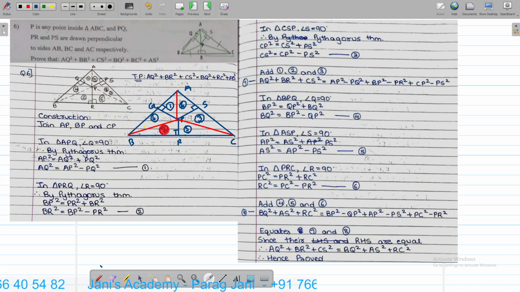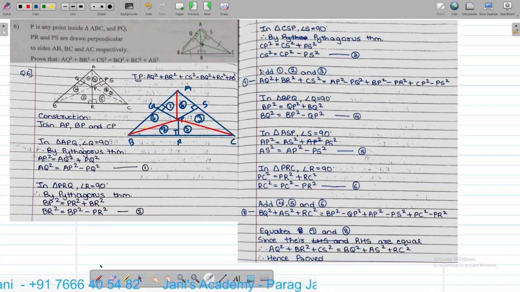Then in the second triangle PBR, BP is your hypotenuse, so BP square is PR square plus BR square. I need AQ square on the left side, same way BR. So BR square is equal to BP square minus PR square.